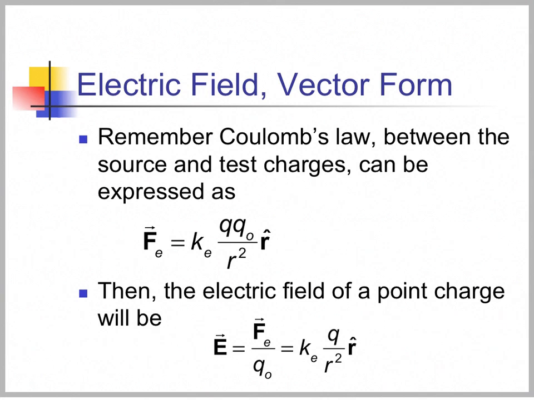So if we divide out Q naught, the value of our test charge, the electric field of a point charge is then just force over Q, which is KQ over R squared in a radial direction away from that point charge.